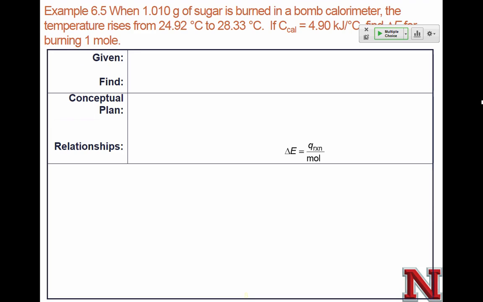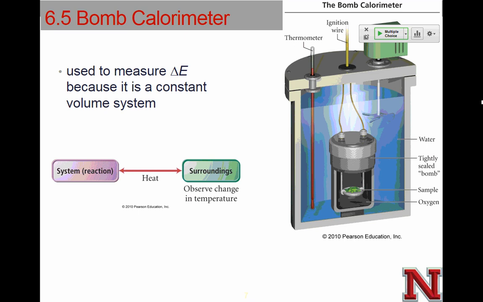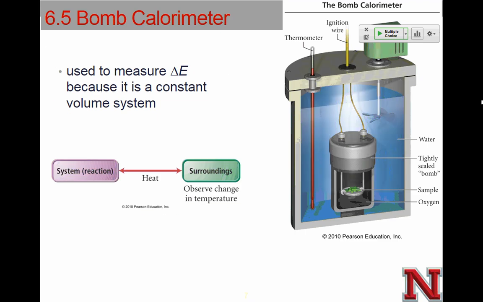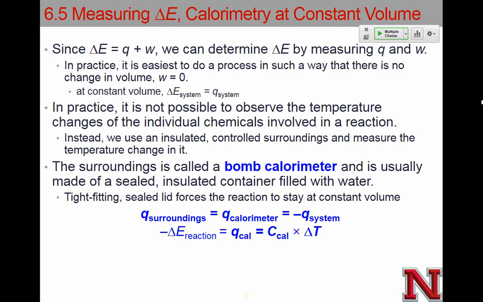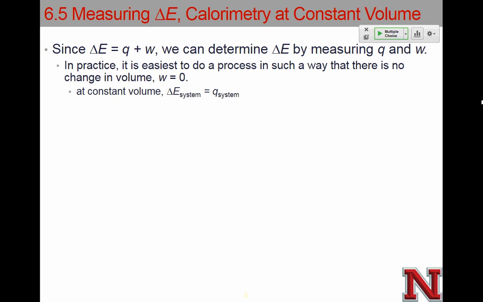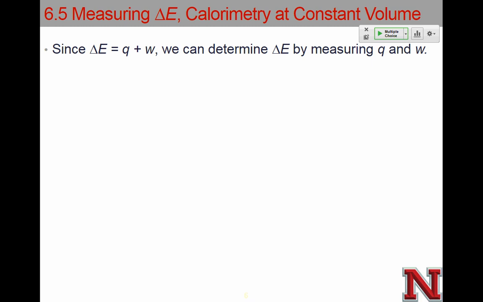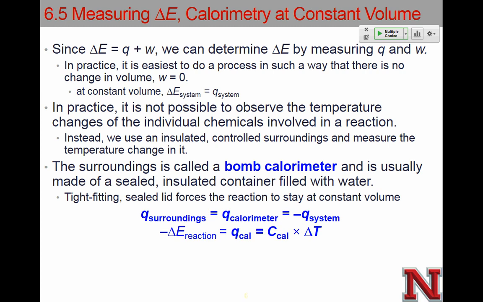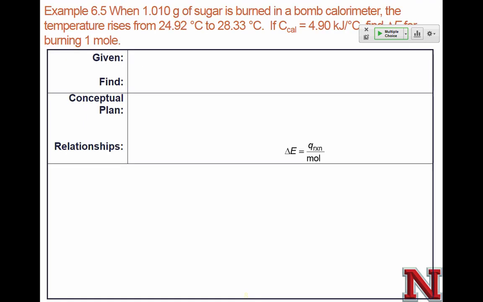So let's look at an example. So let's pretend like we have that. And we have here, our sample is going to be sugar in this example. Okay, there it is.